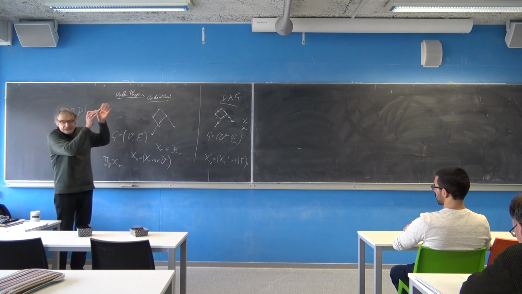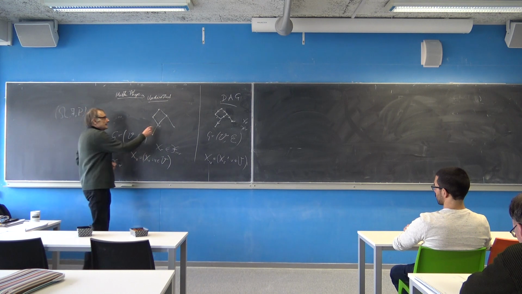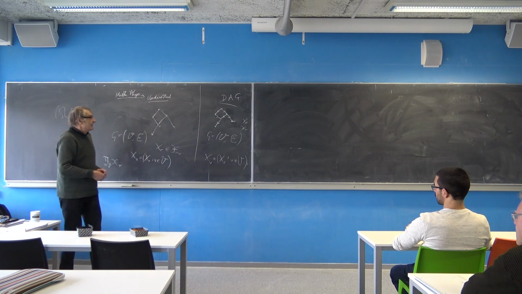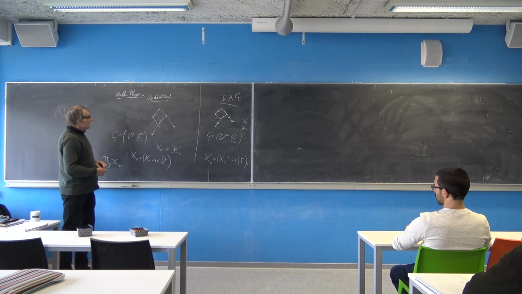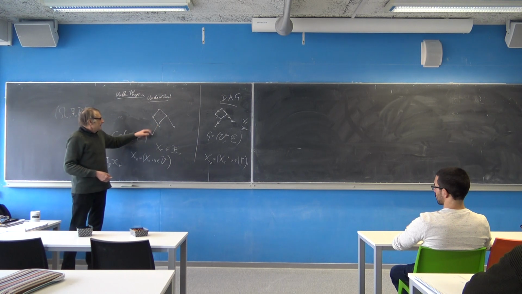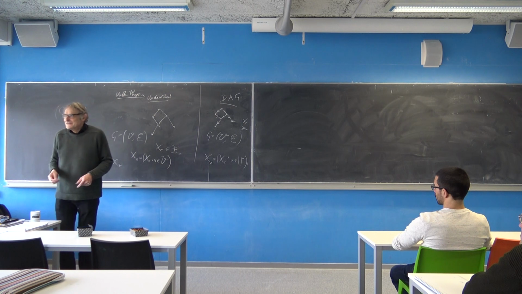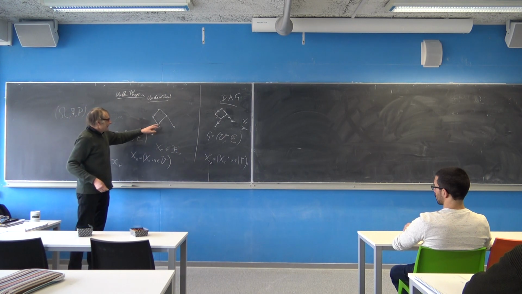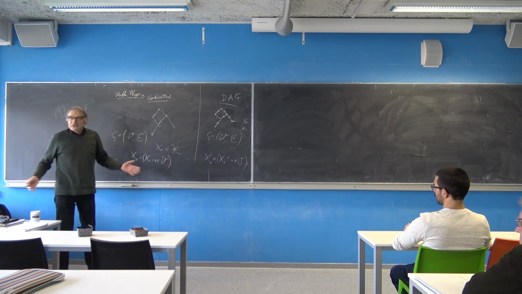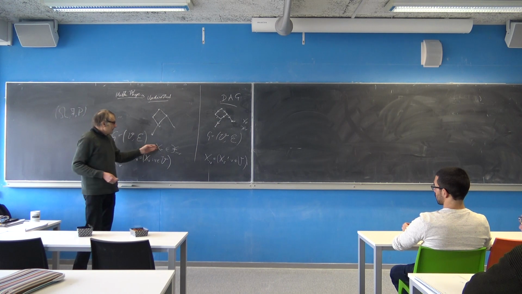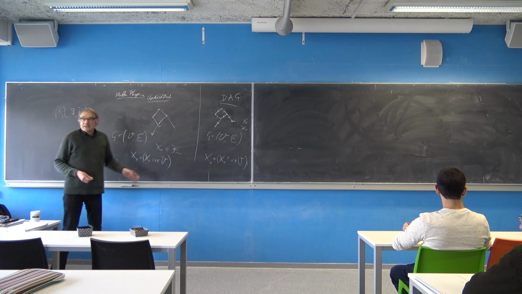So the energy of the whole system is a function of the values of this group of variables. You may think of them as particles, but they could be particles of completely different natures. This is a proton, and this is an electron, and this is something else completely different. And the values the variables take can be in completely different spaces.